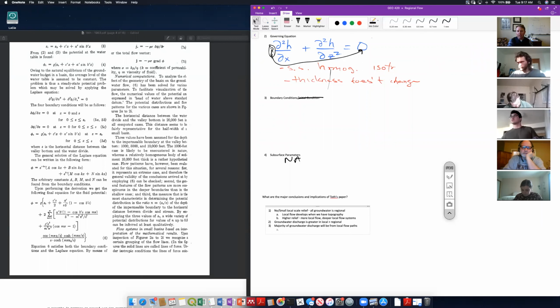The caveat here is these are more impacted by climate, drought, and contamination. And these regional flow paths have a low amount of discharge, but it's constant and really not impacted by climate.